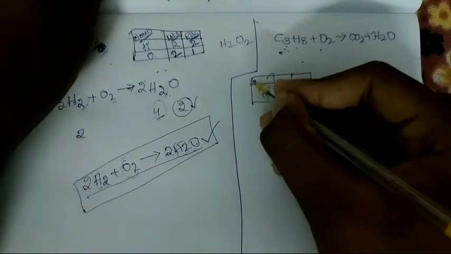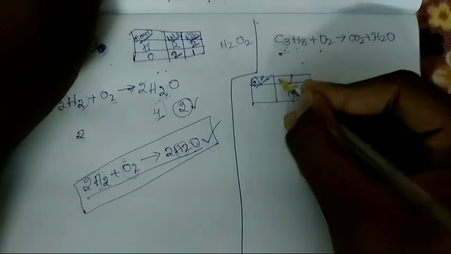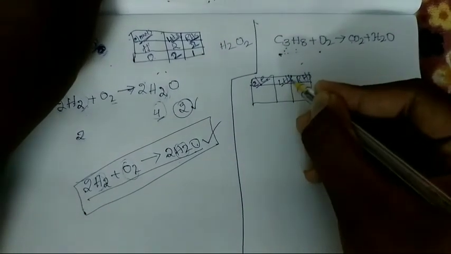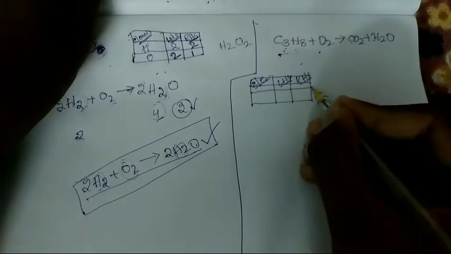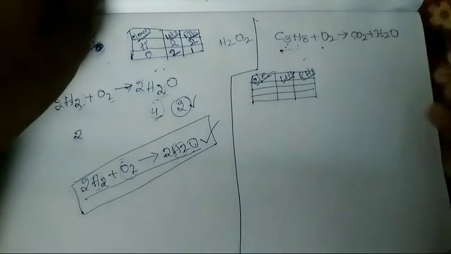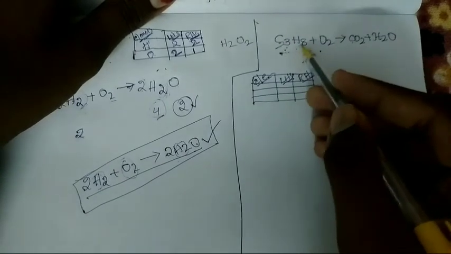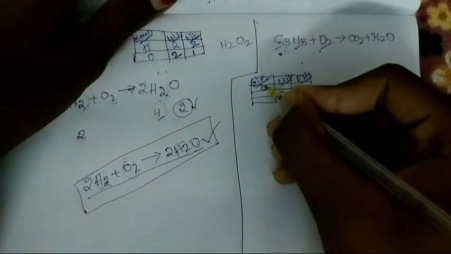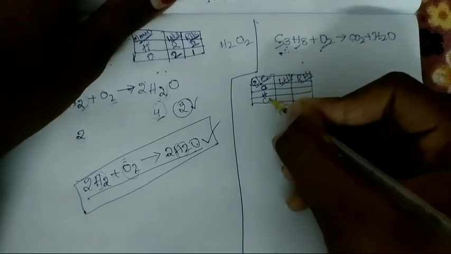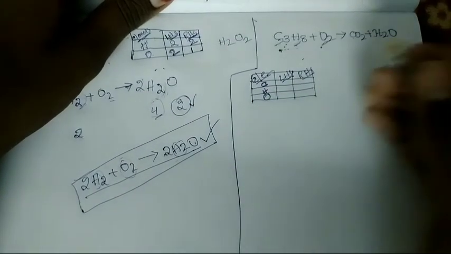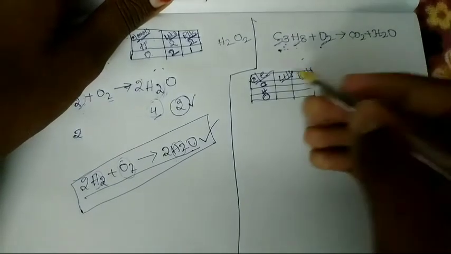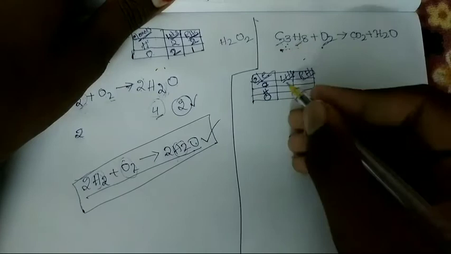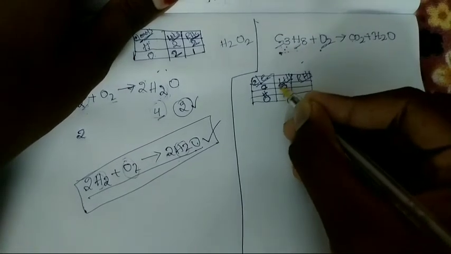Okay, elements, I am writing shortly ELE, LHS, RHS, left hand side, right hand side. Now the elements are carbon, hydrogen, and oxygen. 3 types of elements are carbon, hydrogen, oxygen. Okay, carbons in left hand side, how many carbons are there? 3 carbons.